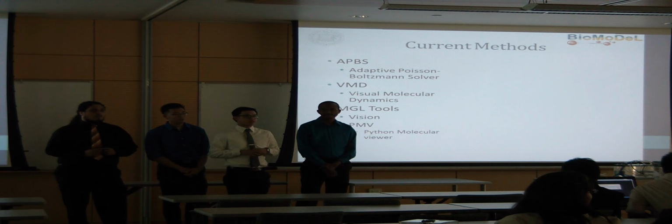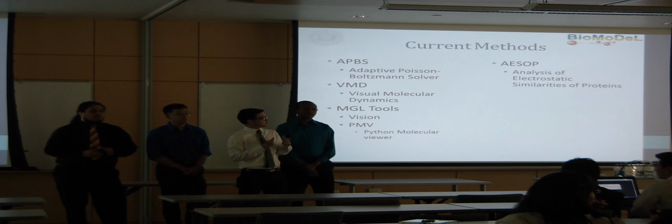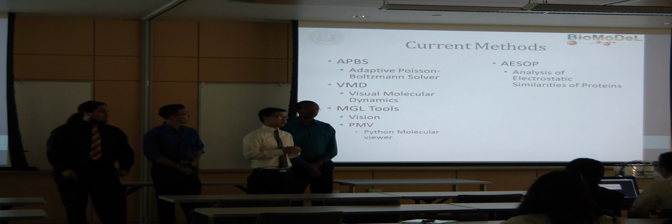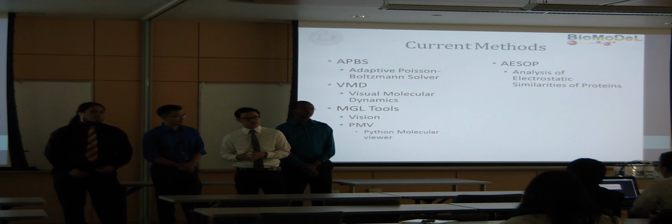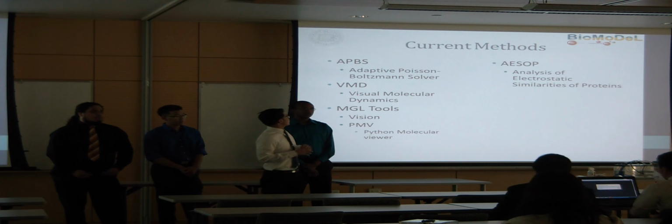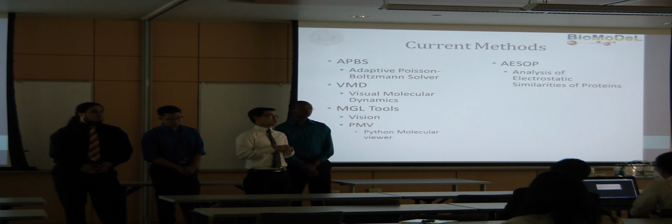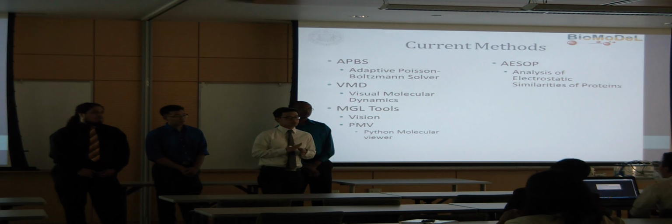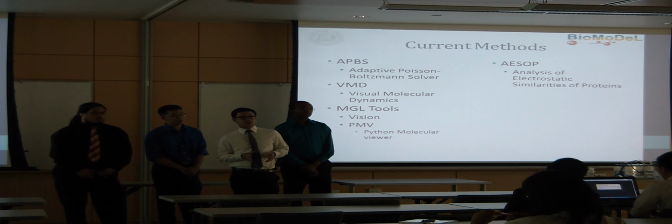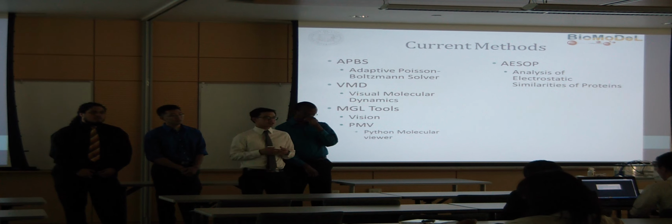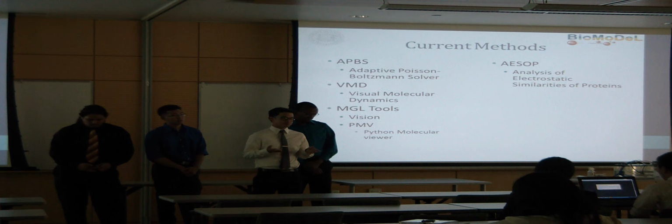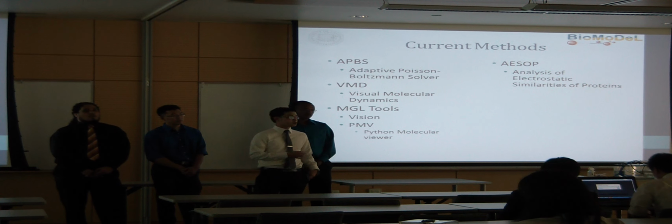Currently, we have several different programs that aid us in analyzing proteins between groups. We have APBS, which is an adaptive Poisson-Boltzmann solver. This is software that uses the Poisson-Boltzmann equation and evaluates the electrostatic properties of molecules and proteins.